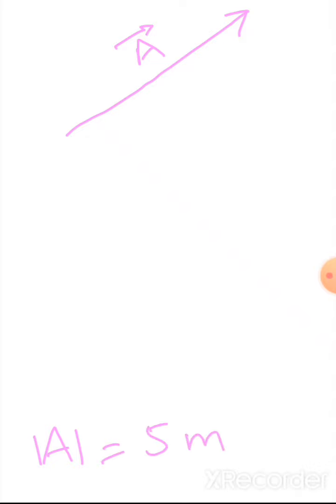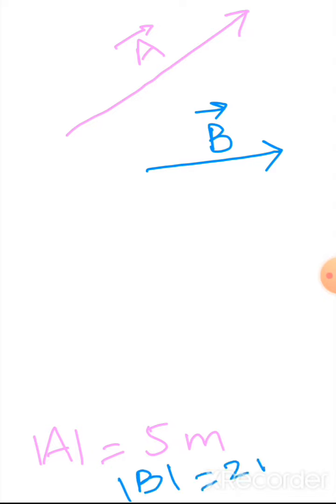For example, let's say we have a vector A whose magnitude is 5 meter, and we have another vector B whose magnitude is 2 meter.